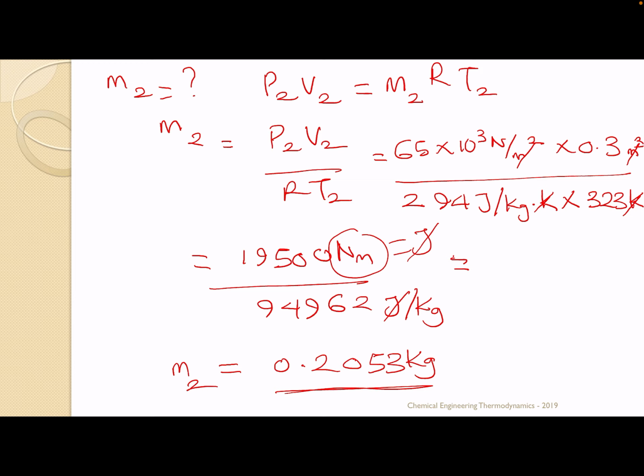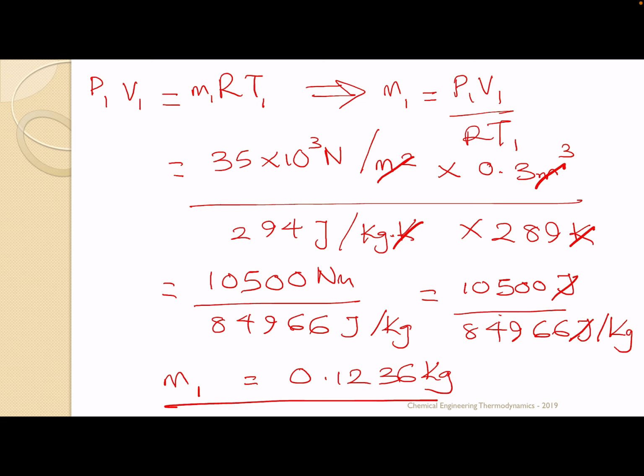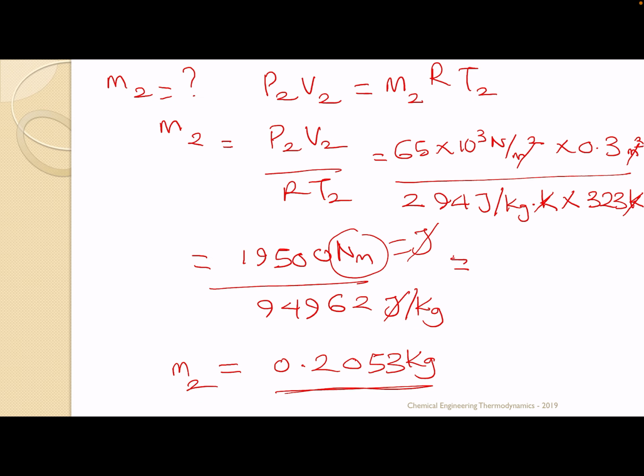We have M1, we have M2. So remember, the mass of the air in the vessel has increased. So since we know we started with M1 is 0.12, our M2 is 0.20. So you can see there's an increase in mass.